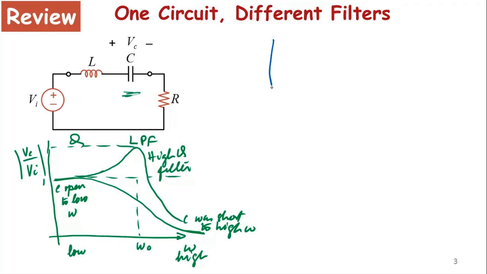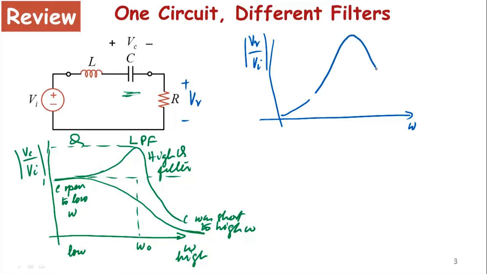Another example of a filter that I can build is by taking the output across the resistor. If I take the output across the resistor VR and plot the magnitude of the transfer function at VR, then we saw that we got a function that looked like this, and this was an example of a band pass filter.